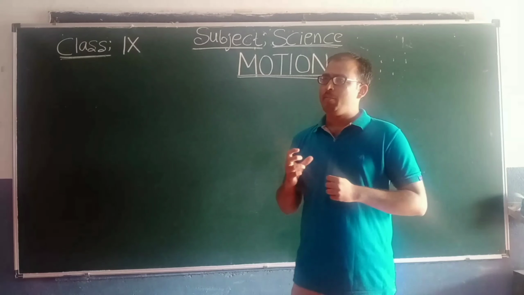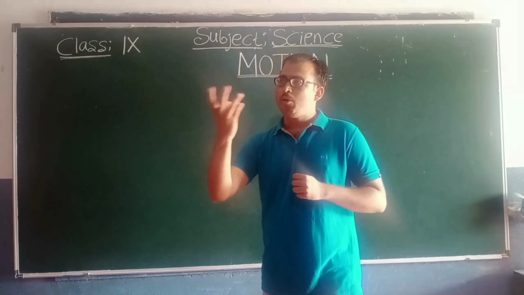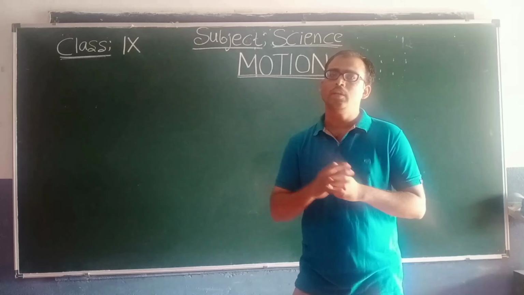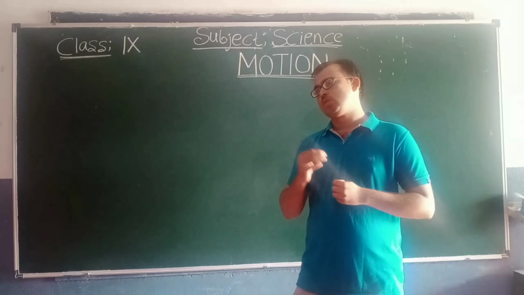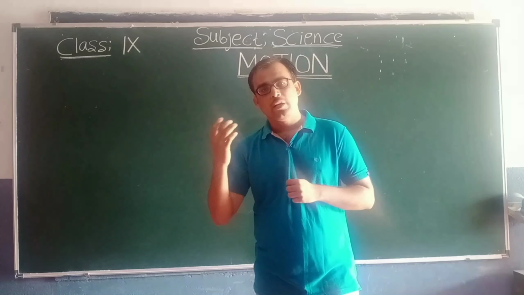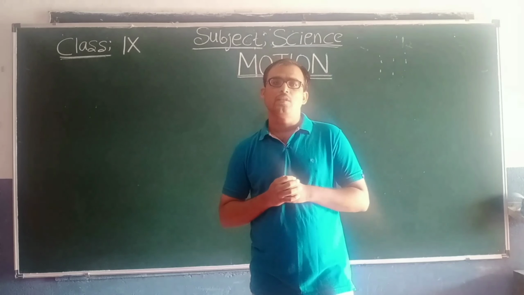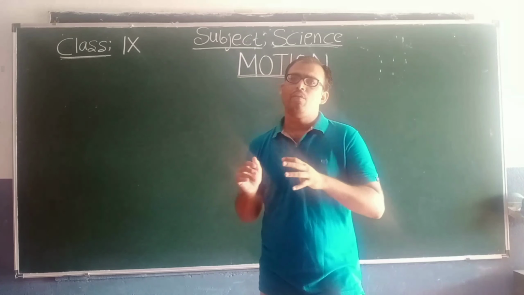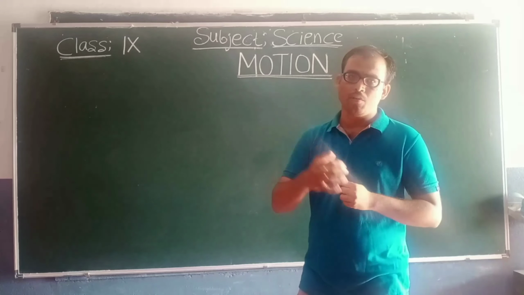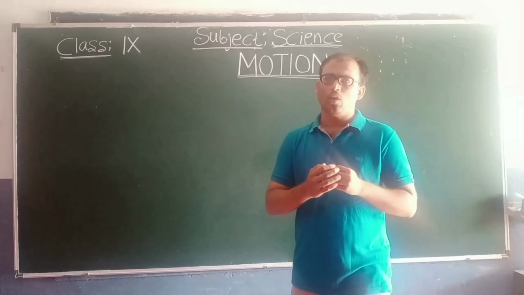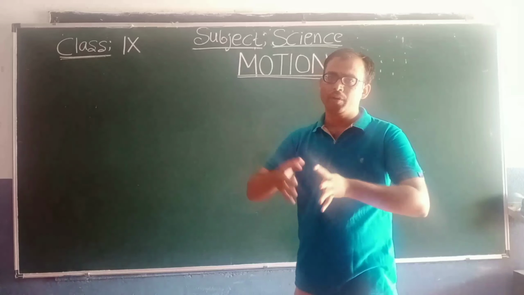Sometimes we are unable to see the motion of certain things. We just feel it, for example, the movement of air. How will we come to know that the air is moving?